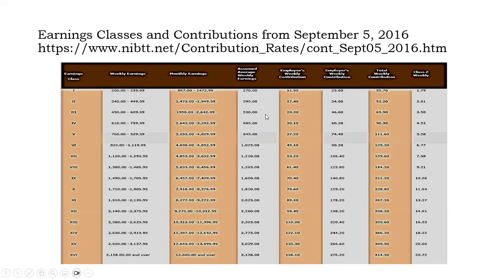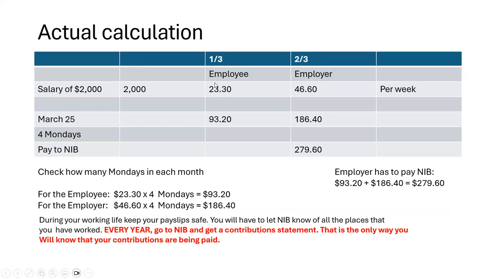Then you go across to where it says employee's weekly contribution. There's your $23.30. The employer is supposed to pay $46.60. You don't need to worry about any of the other columns. Okay, so you're going back to the last slide. There's the $23.30. There's the $46.60. So we take each figure and multiply by 4. And we will get $93.20.